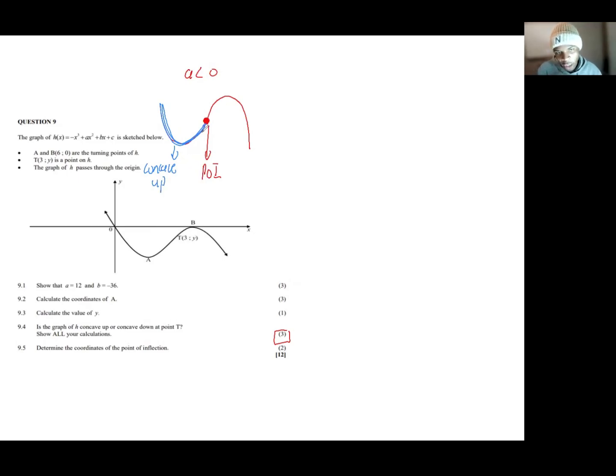Where it's neither concave up or concave down. That's the point where it transitions, changes its concavity. Now, after that point, the graph now becomes what? Concave down. So with a shape whereby a is less than 0, we'll always have our graph starting from being concave up, reaches a point of inflection, and then becomes concave down. So this point here, we are saying it's concave down.